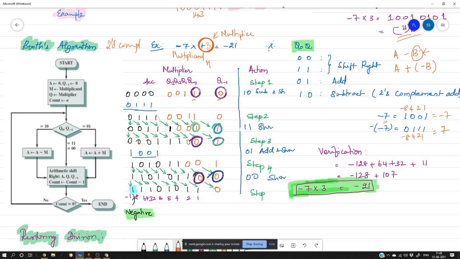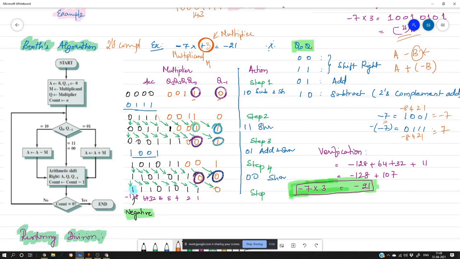This is one important point to note. In the previous multiplication, which was slower, we just added a 0 bit in the LSB position. Here it is an arithmetic shift, which means we preserve the MSB value in the last position. This 0 is copied back to this position; it is not a new 0 that is infused.